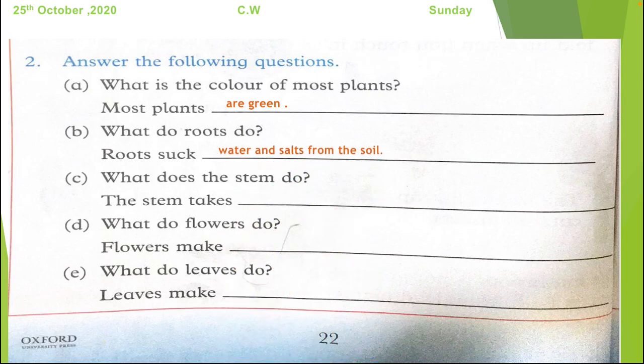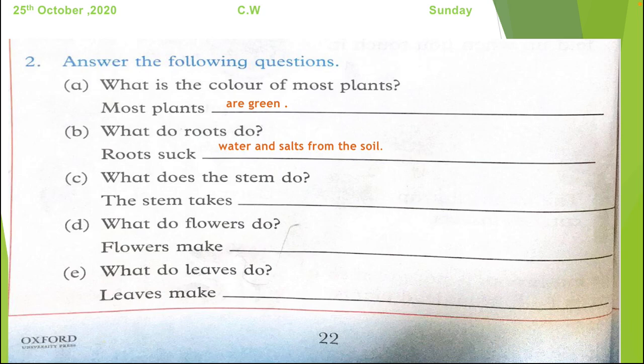Most plants are pink, red, black. Which color? Yes, most plants are green. We can see there are different shades of green and we see so much greenery outside when we go. So mostly plants are green.